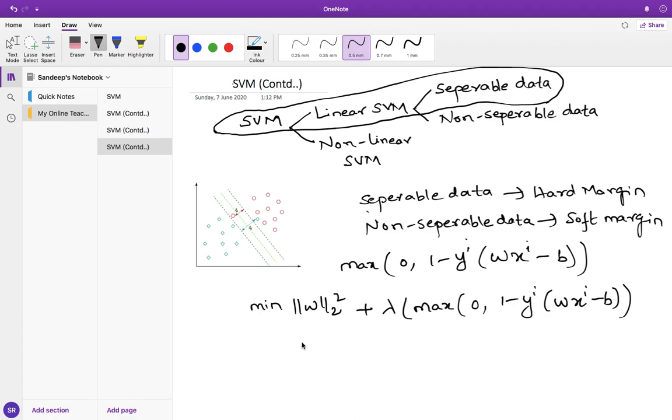So this is the equation. When the product is greater than or equal to 1, this is going to become 0, which means we have incorporated this condition also into it.